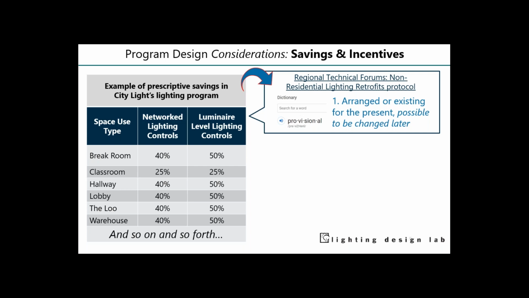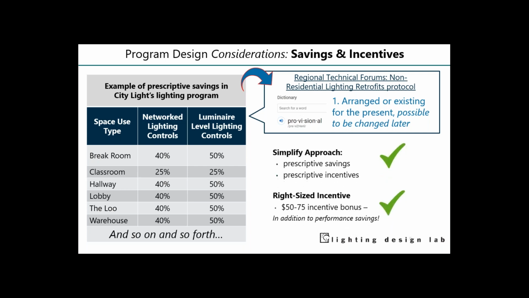They realized that we needed to have some form of provisional savings values that we could apply to our programs just to help jumpstart the programs and make them happen, so projects could happen rather than getting hung up on how much energy is it saving in what room. They gave us these provisional values based on the best information available at the time. And the idea is, as we, the utilities, get more of these projects under our belt, we can share that data collectively at the regional level and hopefully get better information going forward.